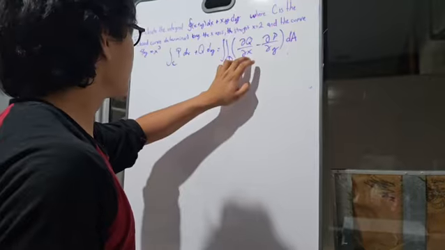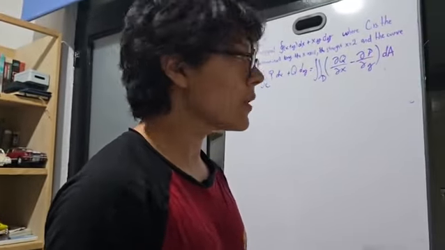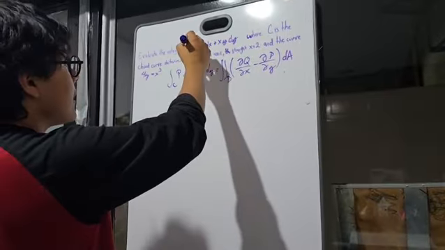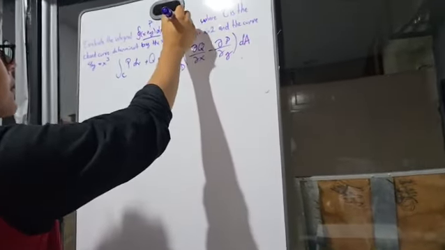Now we're going to get those partial derivatives. So we're going to state this as P and this as Q.